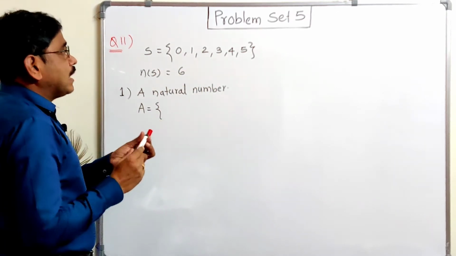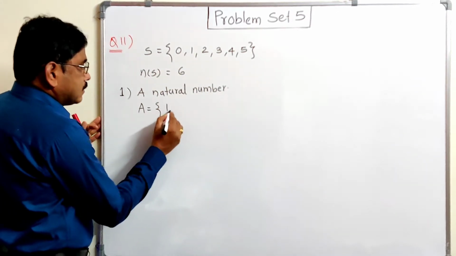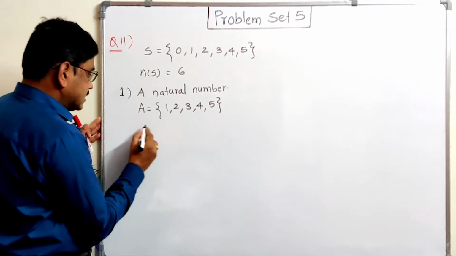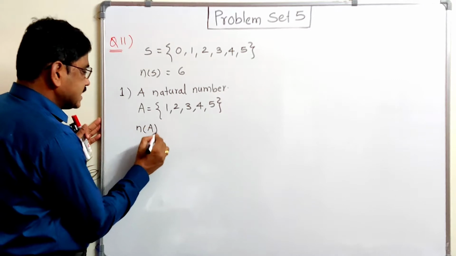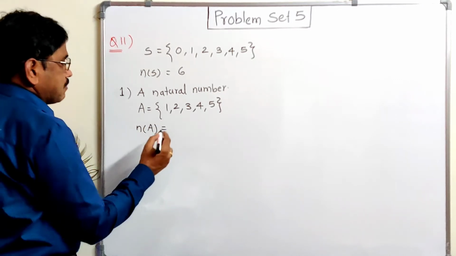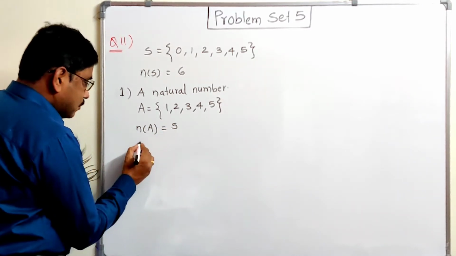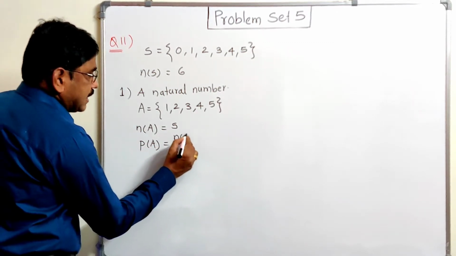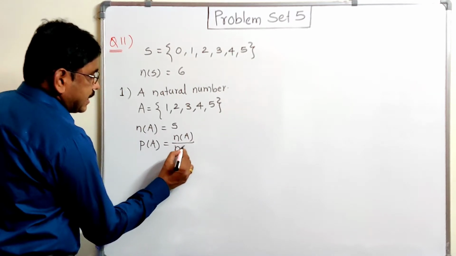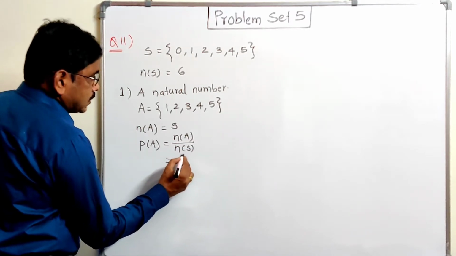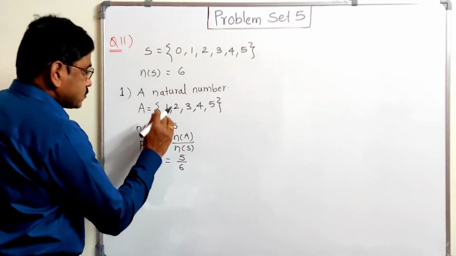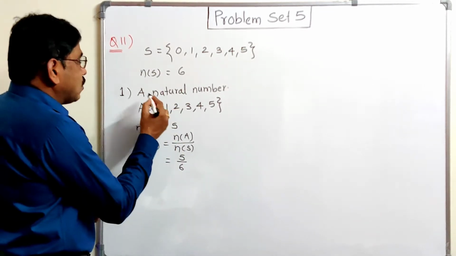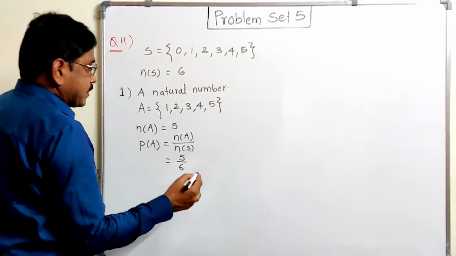So here 1, 2, 3, 4 and 5 are natural numbers. So the number of elements in set A is 5. Therefore probability of set A, P(A), is equal to, write the formula, n(A) divided by n(S), is equal to 5 divided by 6. So in this way we get the probability that the number on the card is a natural number.